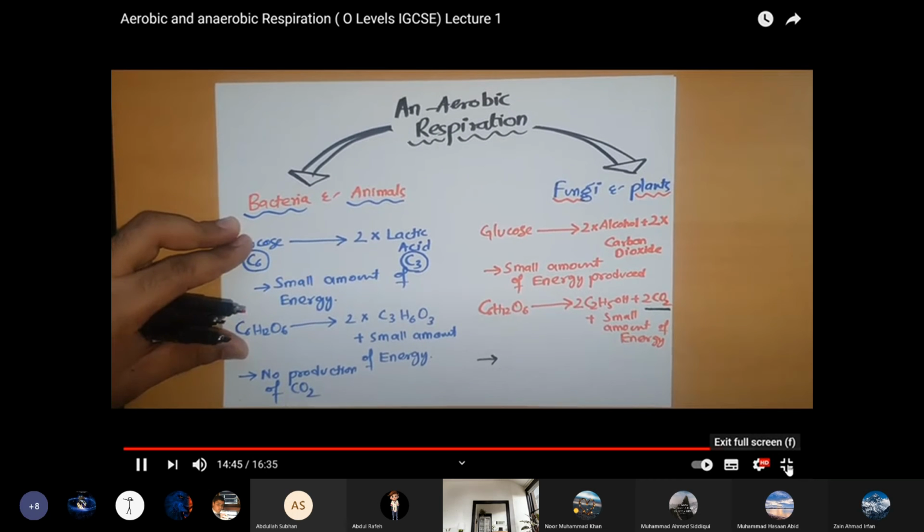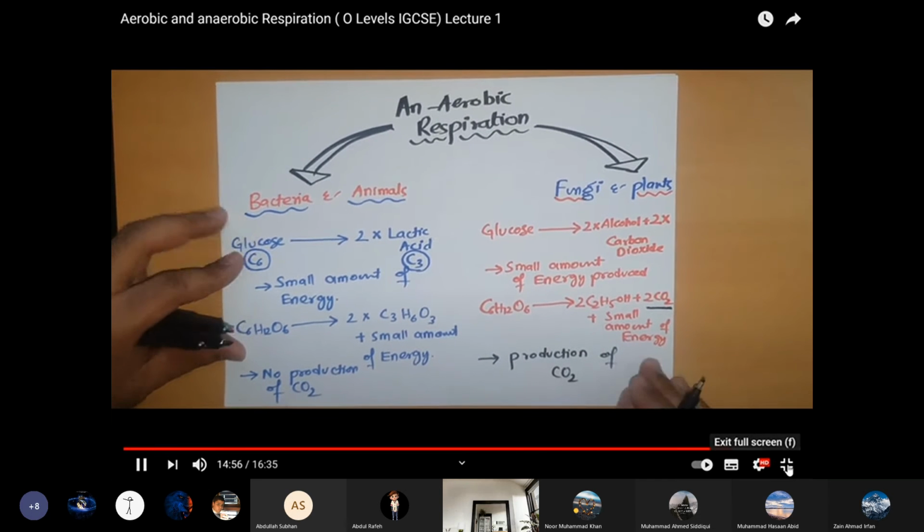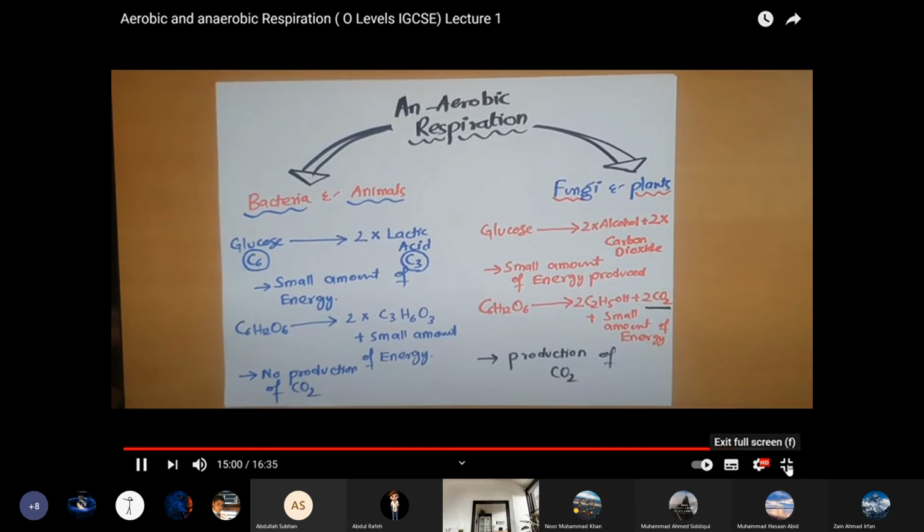That another difference between both of them is that there is production of carbon dioxide. So these are the basic differences between the anaerobic respiration that is taking place in bacteria and animals, which is similar, and on the other hand in fungi and plants, which is similar.